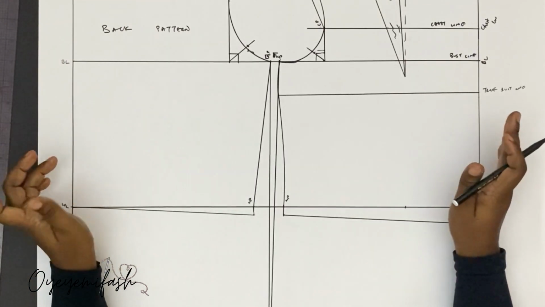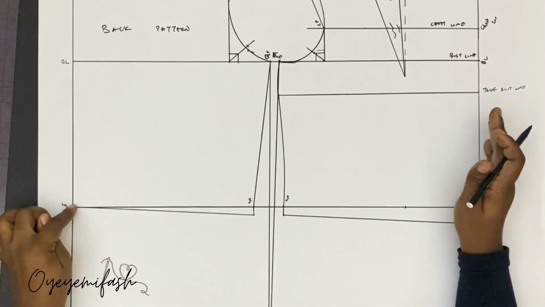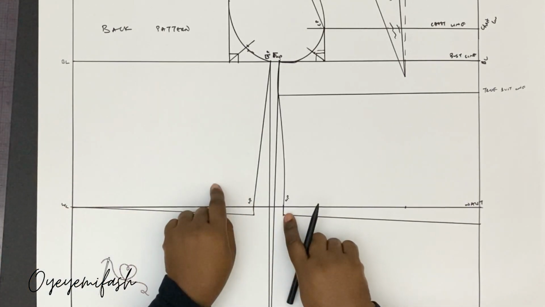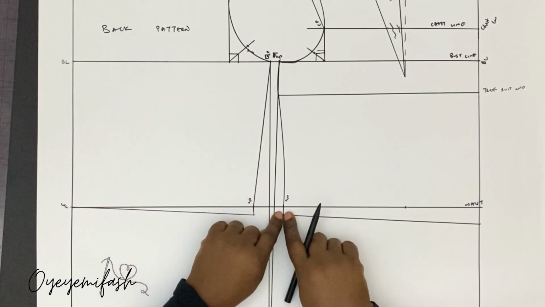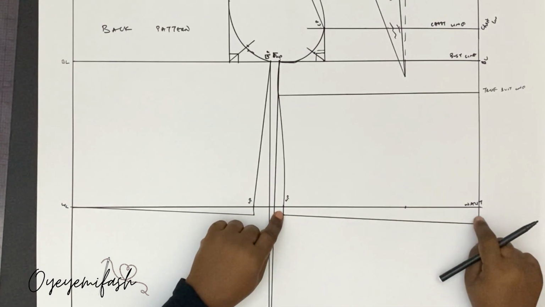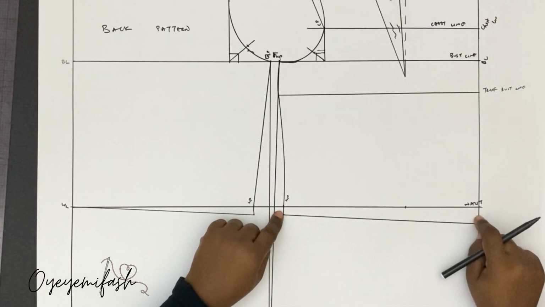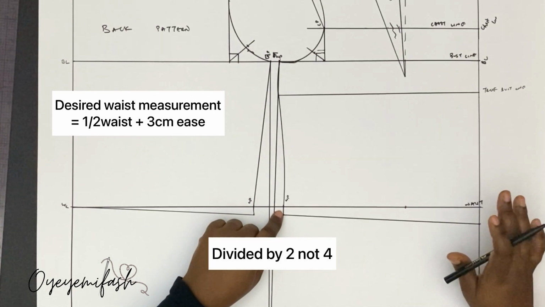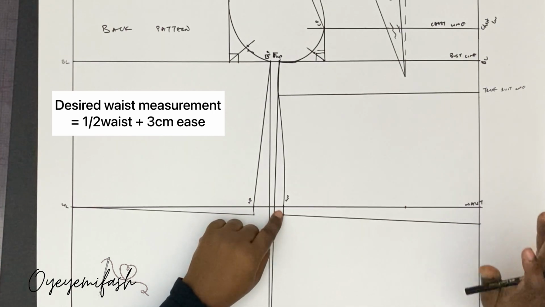So looking at our pattern, if we take the measurement from center back to the waist point on the back pattern and then add that to the measurement from the waist point to center front, we'll find out that it's more than our desired waist measurement. The desired waist measurement is waist divided by 4 plus 3 centimeters.